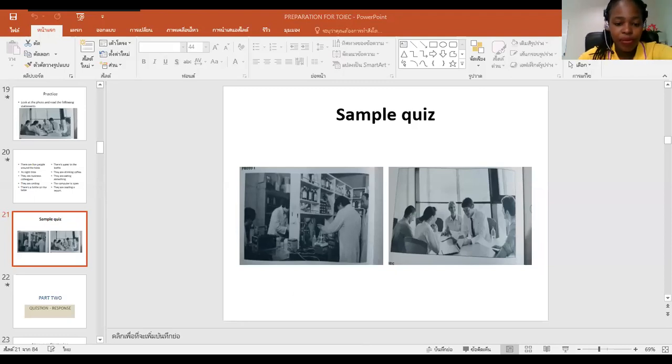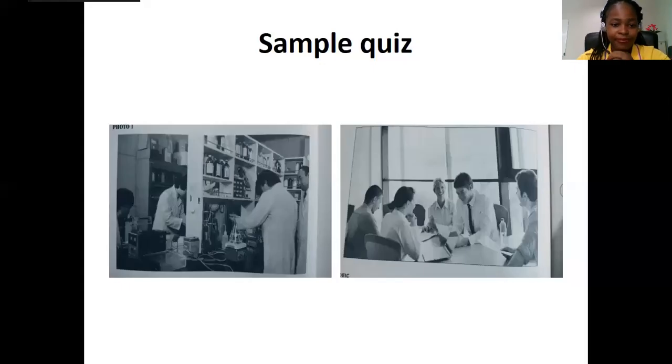Photographs. Skill 1. Assumptions. Listening comprehension exercises. Part 1. Photographs. Skill 1. Assumptions. Photo 1. A. The pharmacist serves his customers. B. The technicians are conducting experiments. C. The laboratory animals are in a cage.